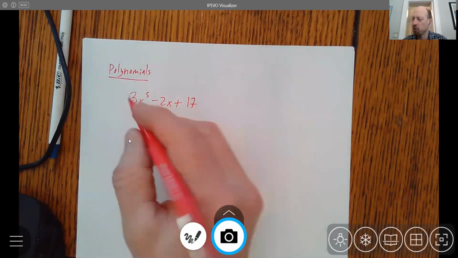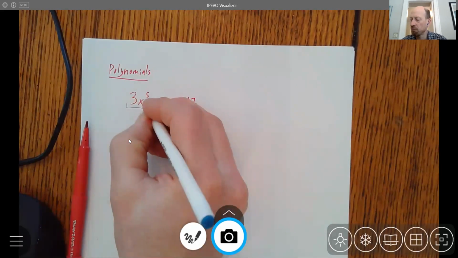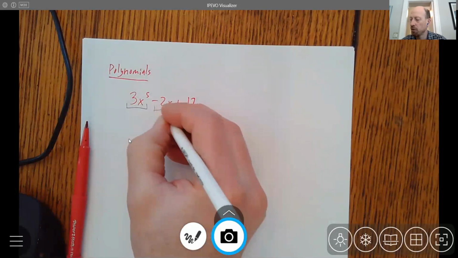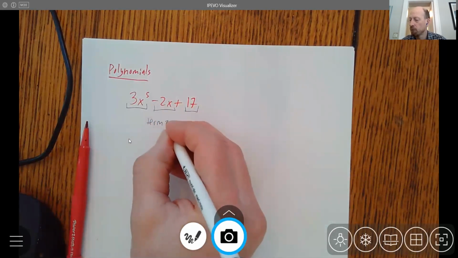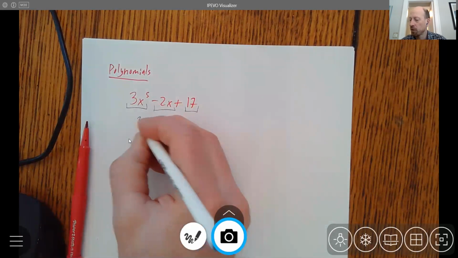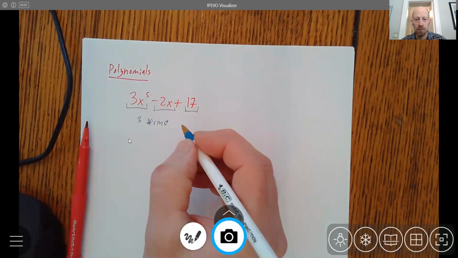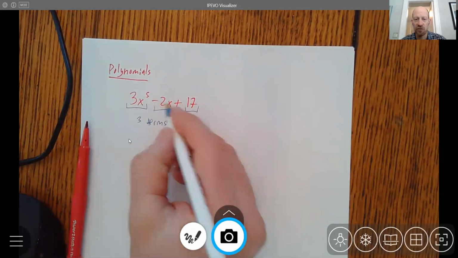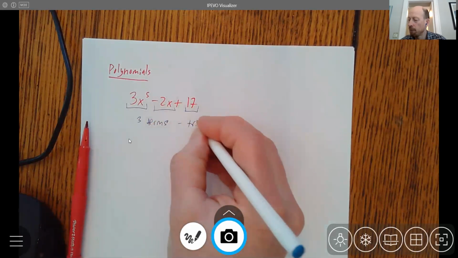It has a sum or a difference of these different kind of chunks, if you will, that we call terms. So this one has 3 terms, separated by addition or subtraction. So we would call that a trinomial.